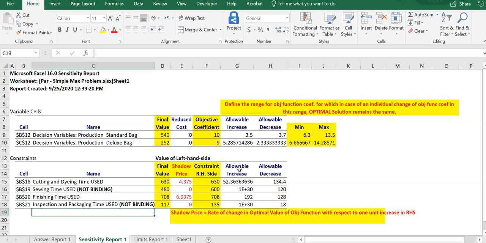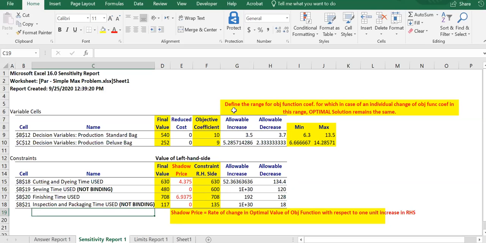The next, again, we have allowable increase and allowable decrease. Again, we will have a range, this time for the right hand side. Before we had it for the objective function coefficient, now we have it for the right hand side vector. For these values, we can establish a range, minimum and maximum again. But what are those?